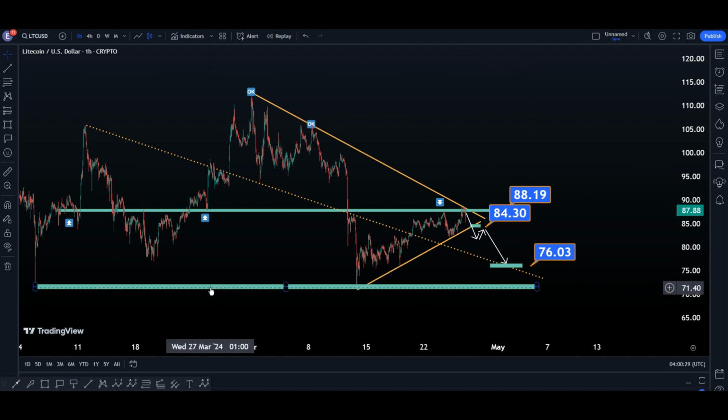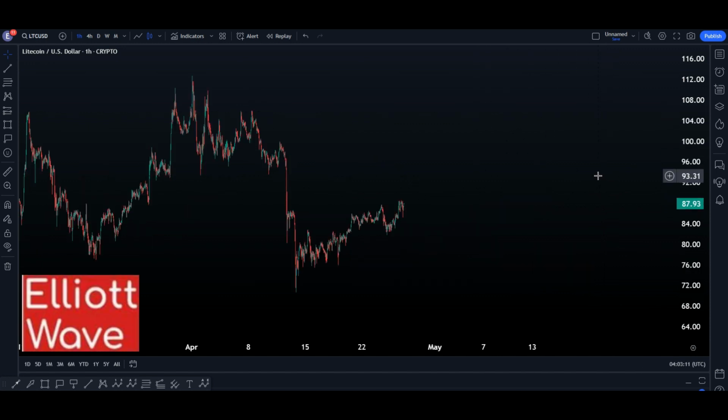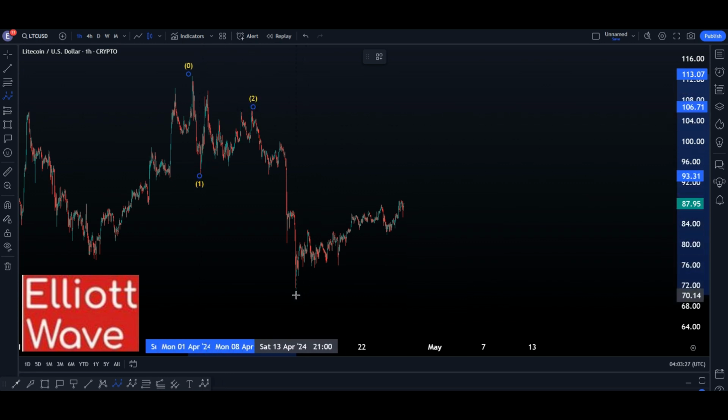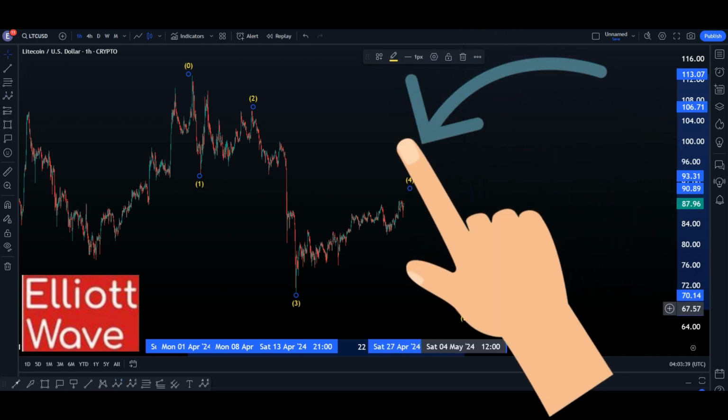And second support, if we use Elliott wave here, this is our Elliott wave, wave 1, 2, 3, and probably this is our wave 4, and maybe we have a wave 5.